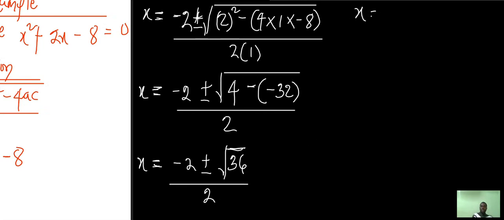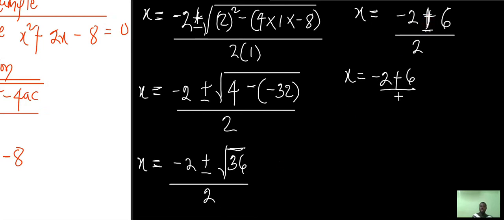We have x equals negative 2 plus or minus square root of 36, which is obviously 6, since 6 times 6 is 36, divided by 2. We operate at the middle here. We can take the positive sign first. We have plus 6 divided by 2. That's 4 divided by 2, which equals 2.